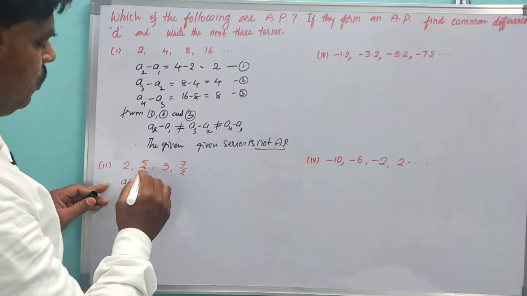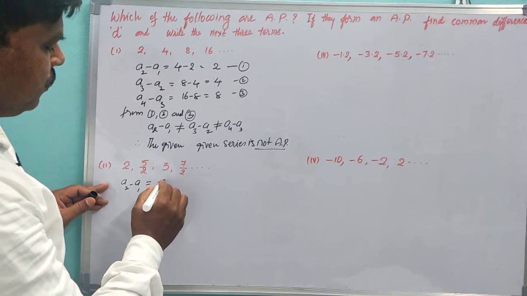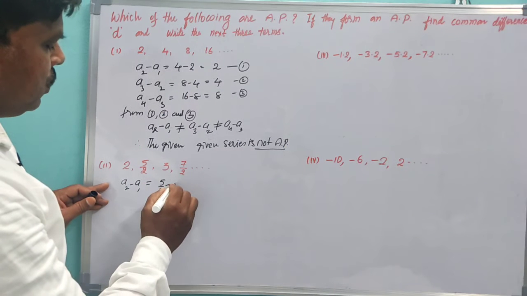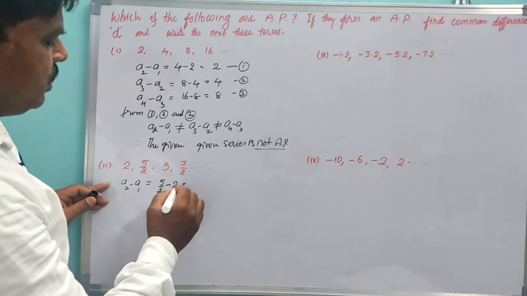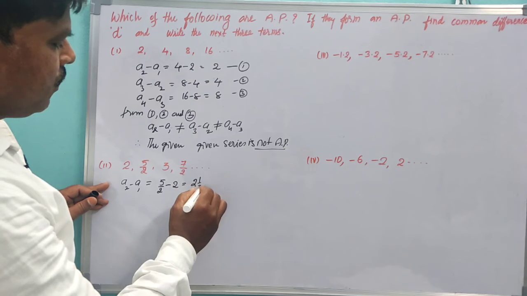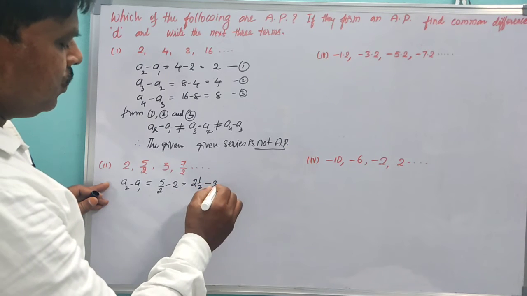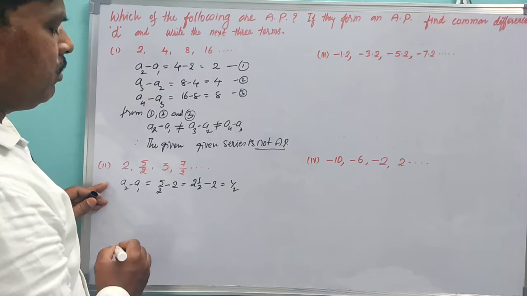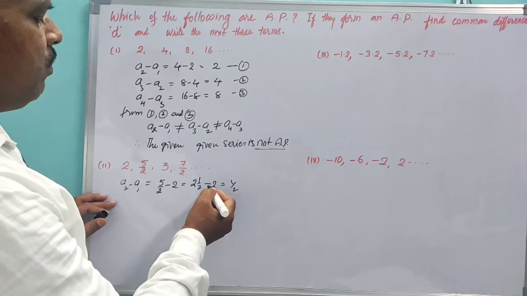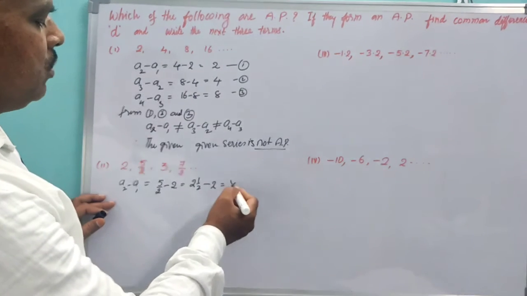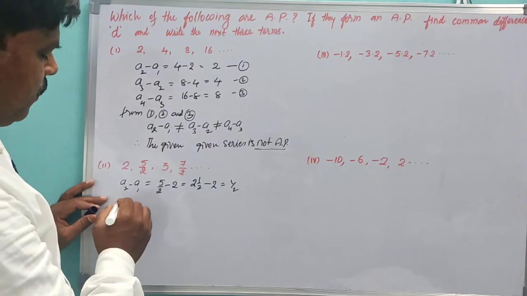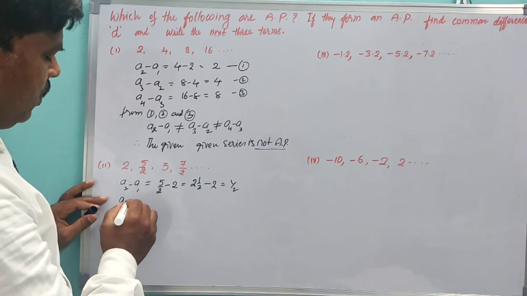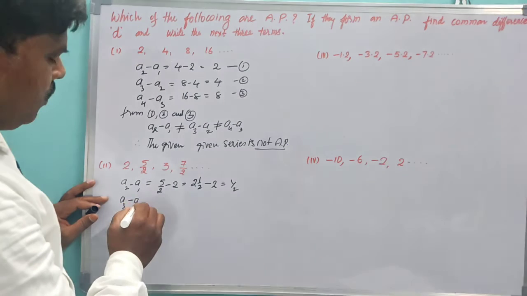So what is a2? 5 by 2 minus 2. So 5 by 2 is nothing but 2 and half, and 2 and half minus 2 is equal to 1 by 2. And a3 minus a2.